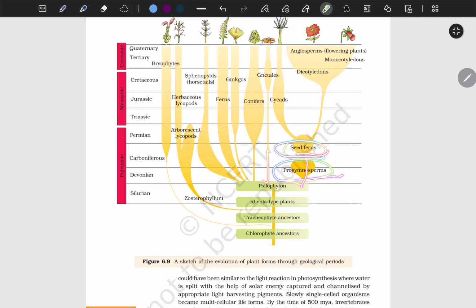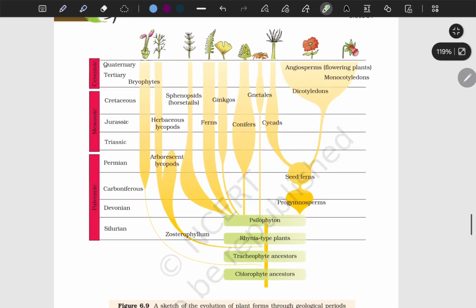These seed ferns give rise to cycads in the Jurassic period of the Mesozoic era, and the dicotyledons in the Cretaceous period of the Mesozoic era, which further give rise to the monocotyledons and the angiosperms. These are in the Cenozoic era, in the Quaternary and the Tertiary periods.